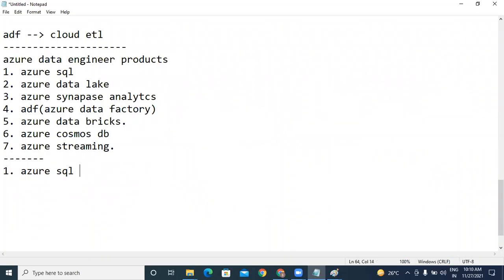Previously, what was the Microsoft database? MS SQL Server. SQL Server is on-premise, but now I don't want to go for on-premise. Previously, one of you asked me whether SQL Server and Azure SQL are the same.